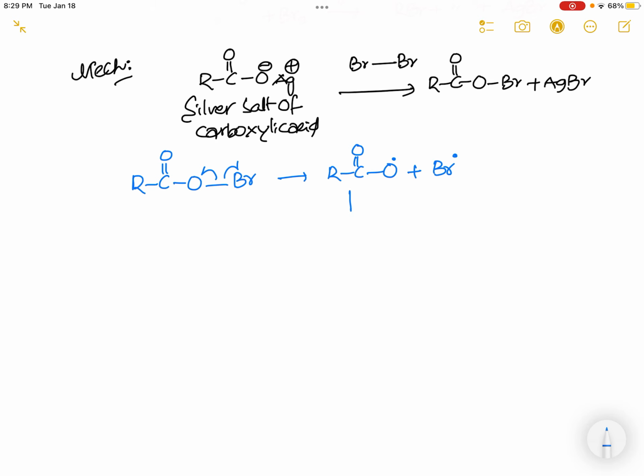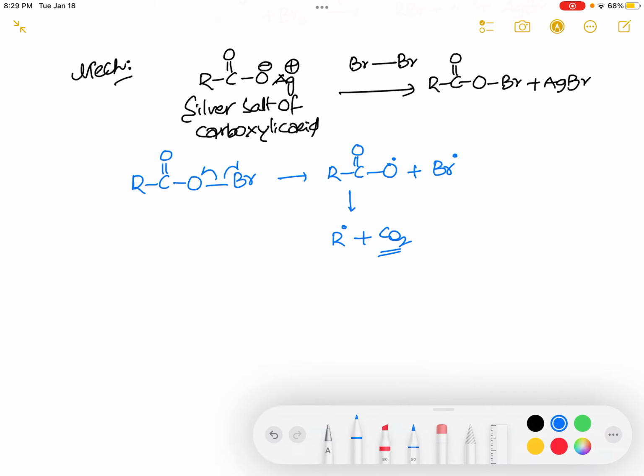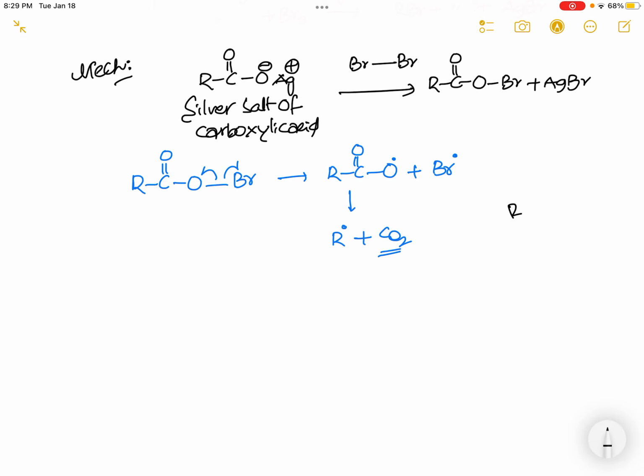This again gives you R dot plus CO2. How is this happening? In RC double bond O dot, this electron is coming here, this electron is coming here, and this electron is going out. So you get CO2 and R dot.